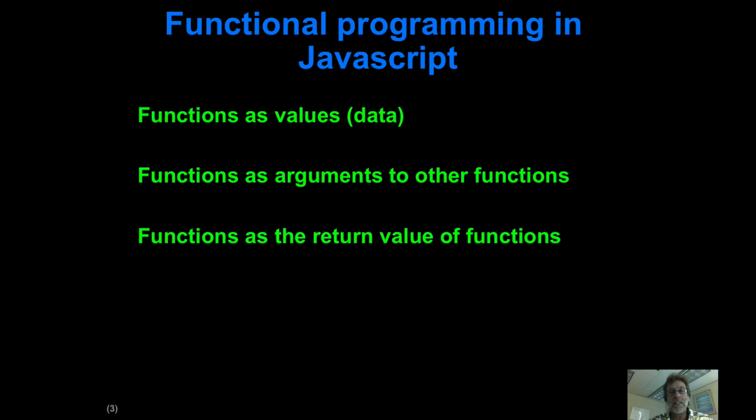But in this class, what I want you to discover is that there are a lot of situations in which using a functional style can reduce 10 lines of code to 1 line of code. And that means 1/10 the opportunity for bugs.